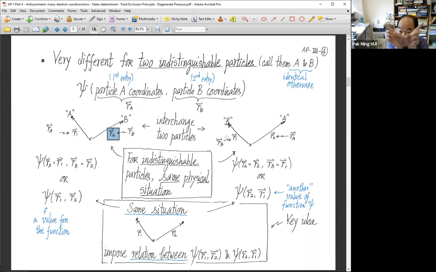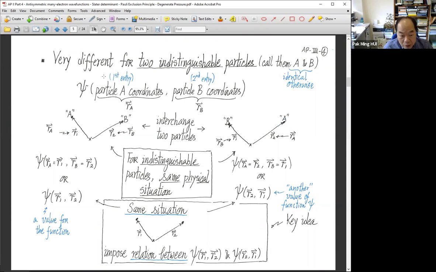In the other way, I already interchanged the coordinates of the two particles, but I have one particle here, another particle there, but they are indistinguishable particles. Therefore, they are referring to the same situation.